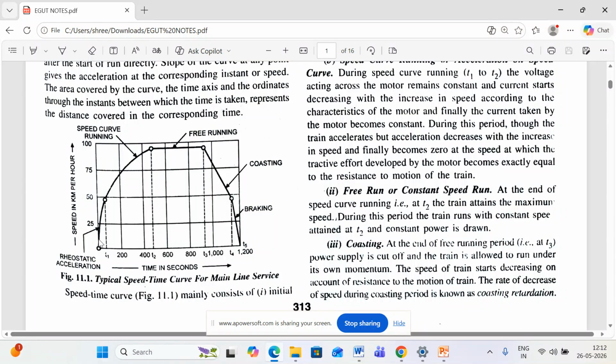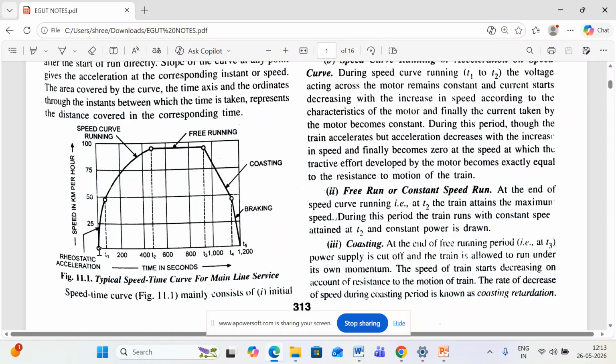Now, from the start point to the end point, the train undergoes various phases. So it shows all the phases. The first phase we can see here is the acceleration phase, from 0 to t2.